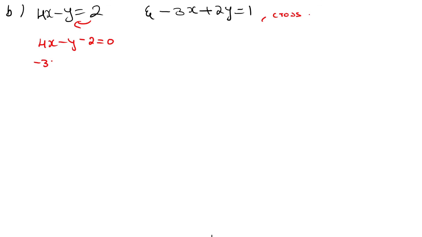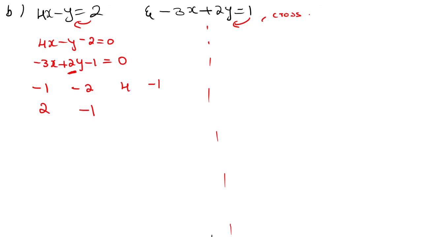Second equation minus 3x plus 2y, take 1 to the LHS, that will become minus 1 equal to 0. Now what you have to do is, starting with the second term, minus 1, minus 2, 4, minus 1, then from here 2, minus 1, minus 3, again 2.